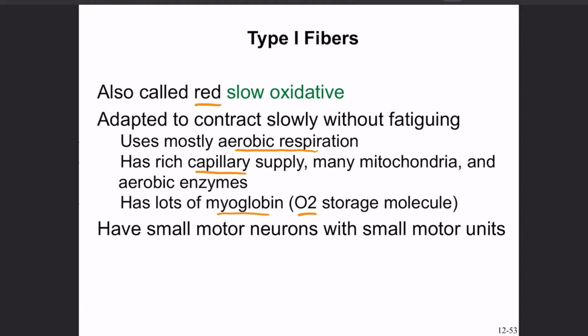And so we see a lot of blood in them, and that's why they're red. Here, depending on how athletic this person is, there may be many mitochondria, and definitely they have more mitochondria than the type 2 fibers. They tend to have small motor neurons with small motor units.